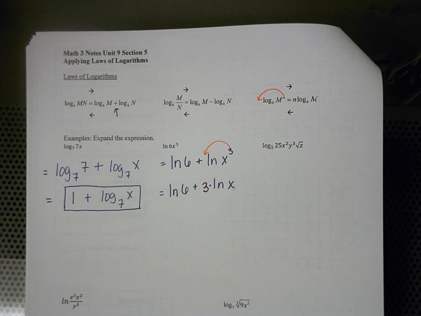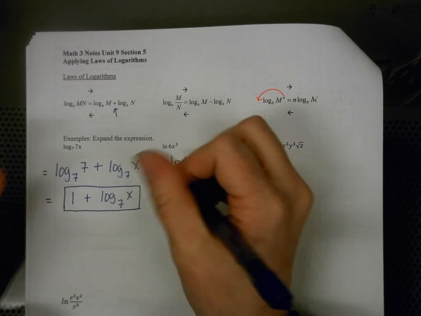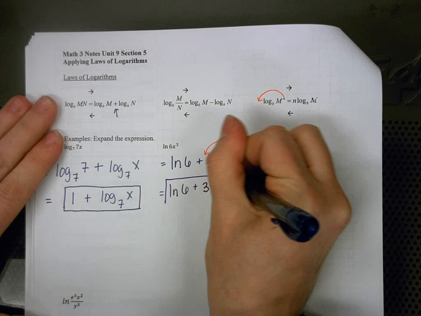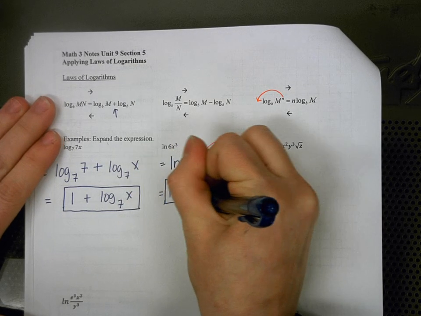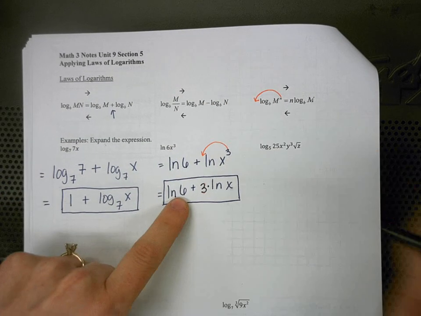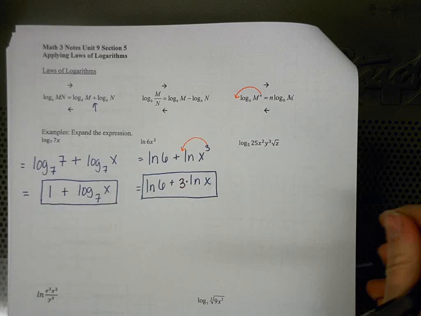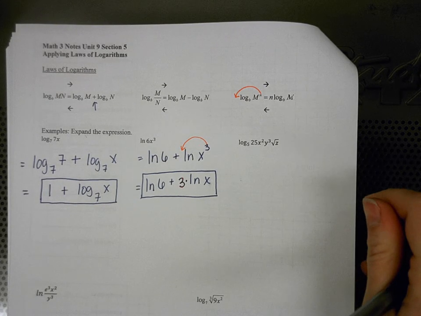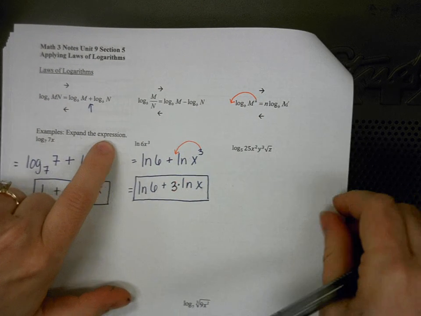So 3 ln x. Let's see. ln 6 plus 3 ln x. That's it. I can't simplify anything. I mean, I could plug in natural log of 6 on a calculator and get a decimal value, but I'm not going to do that because we just want to write it as an expression.